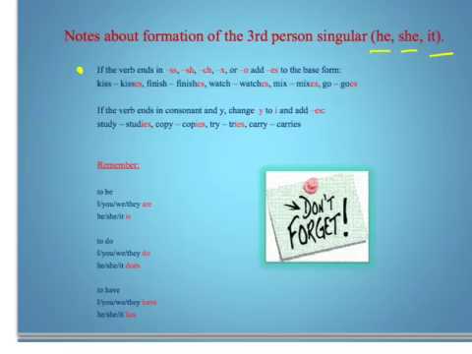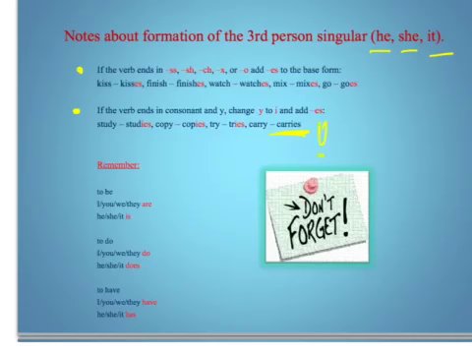For example, kiss, kisses, finish, finishes, watch, watches, mix, mixes, go, goes. If the verb ends in a consonant and y, change y to i and add es. For example, study, studies, copy, copies, try, tries, carry, carries.